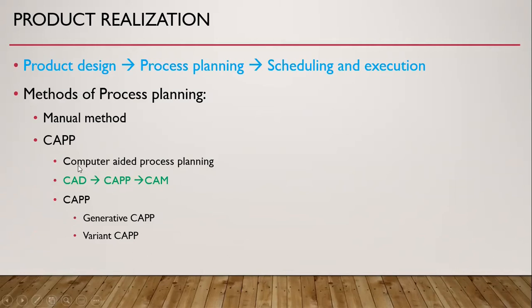The computer aided components in the production process include computer aided design, computer aided process planning, and computer aided manufacturing in this sequence. Computer aided process planning is of two types: generative CAPP and variant CAPP.